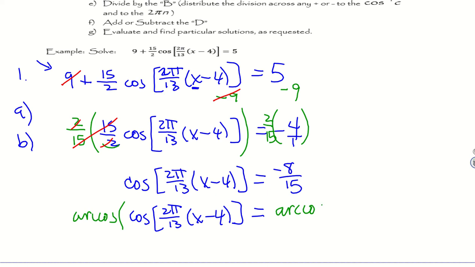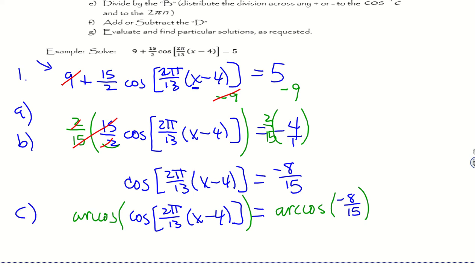So we're going to take the arc cosine of what we have on the left, which is negative 8 over 15. So we've taken the arc cosine of the left side and of the right side. And that was my step C.